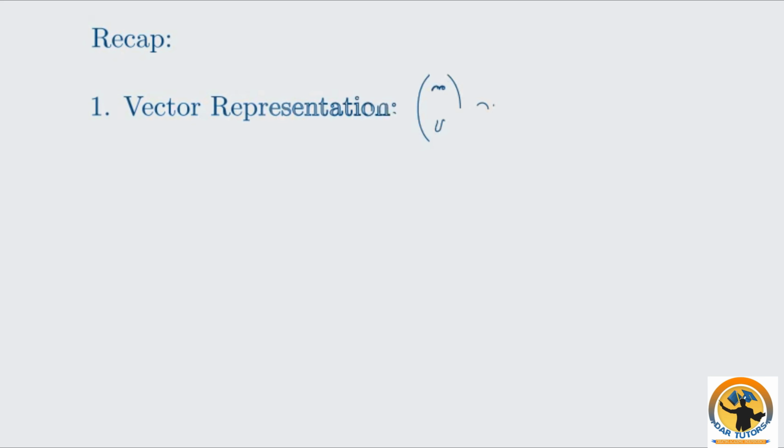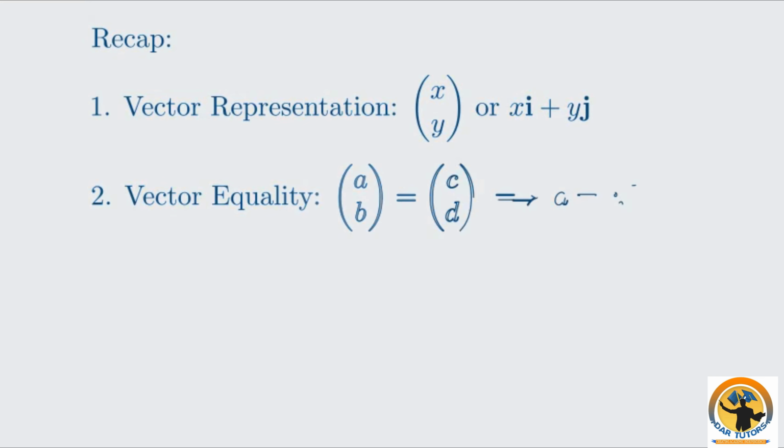Let's recap what we've covered today. We started by defining vectors as quantities with magnitude and direction, and learned to represent them in component form x, y and unit vector form xi plus yj. We then established the principle of vector equality, stating that two vectors are equal if and only if their corresponding components are equal. This allowed us to solve for unknowns.